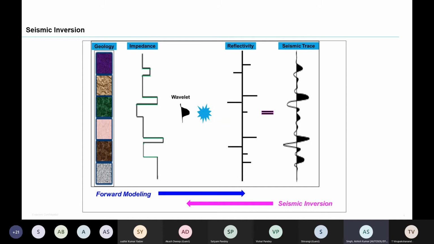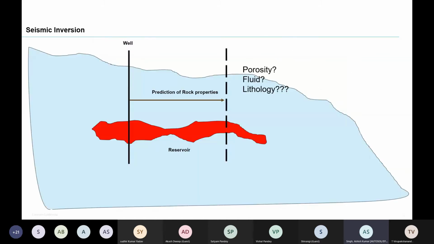So there is a basic difference. In other words, seismic inversion is a transformation of reflection data into a rock property volume. It may be P impedance, S impedance, density, and so on. Okay.